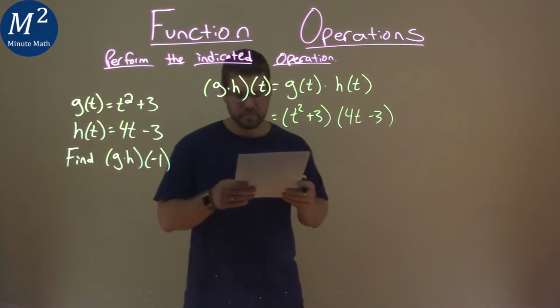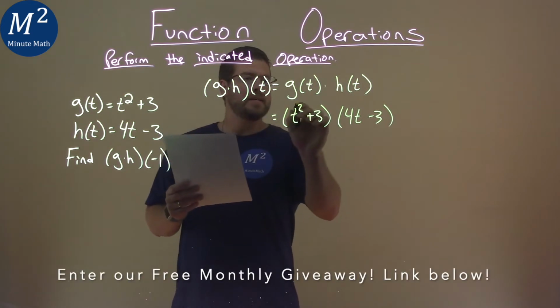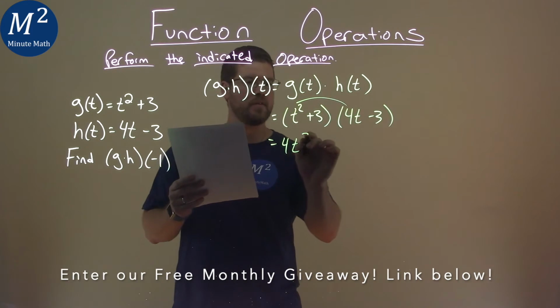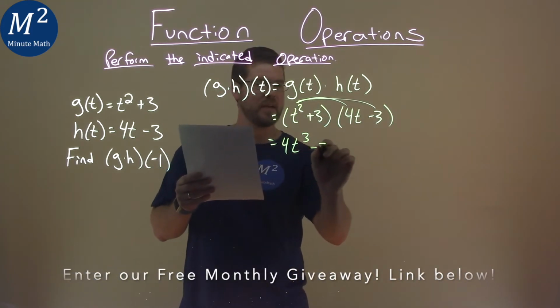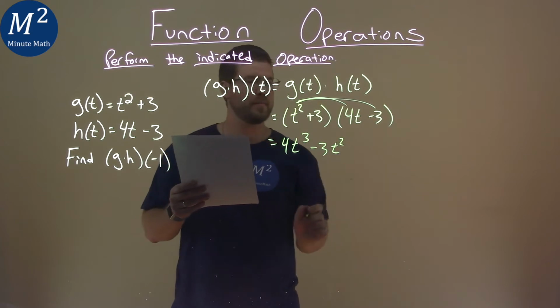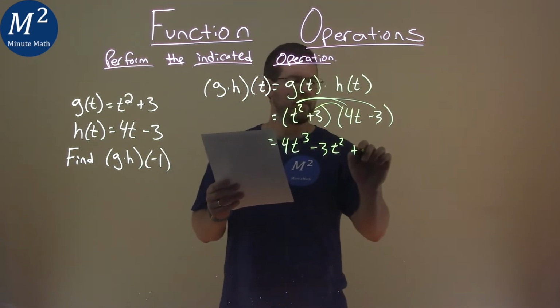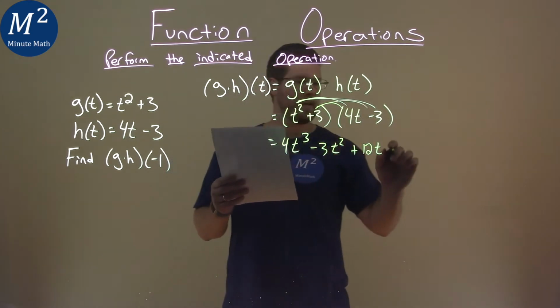Okay? And multiply this out. t squared times 4t is 4t to the third, and then t squared times negative 3 is negative 3t squared. 3 times 4t is a positive 12t, and 3 times the negative 3 is negative 9.